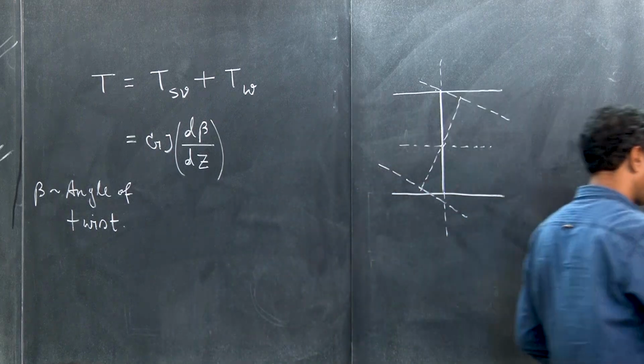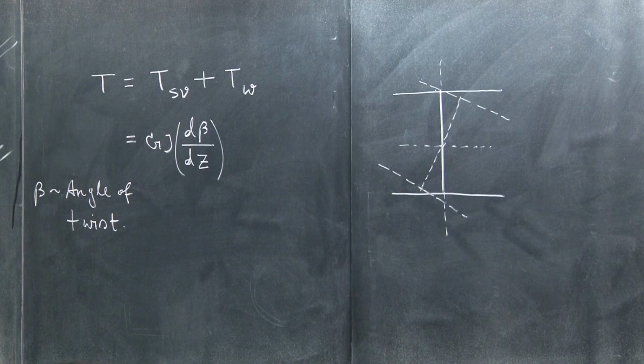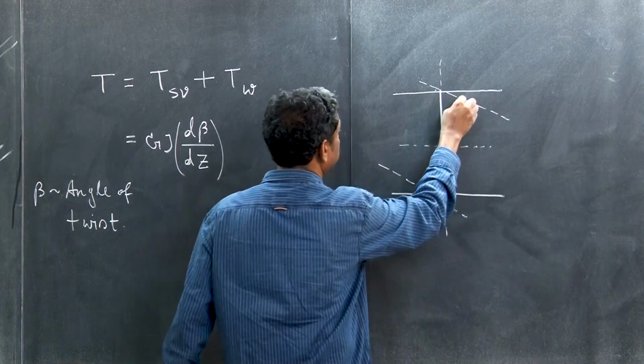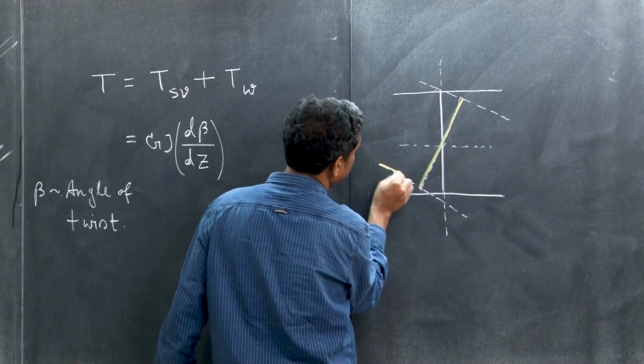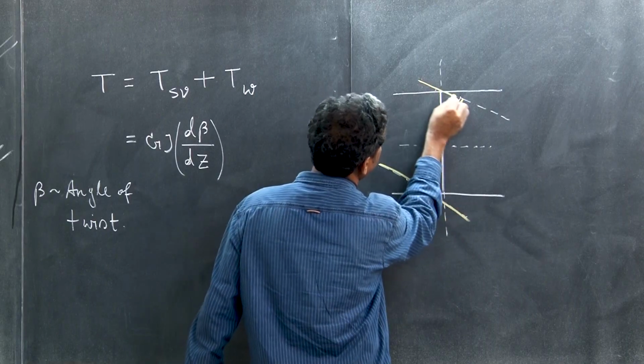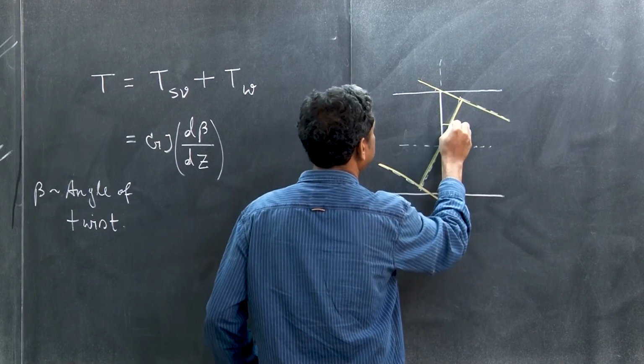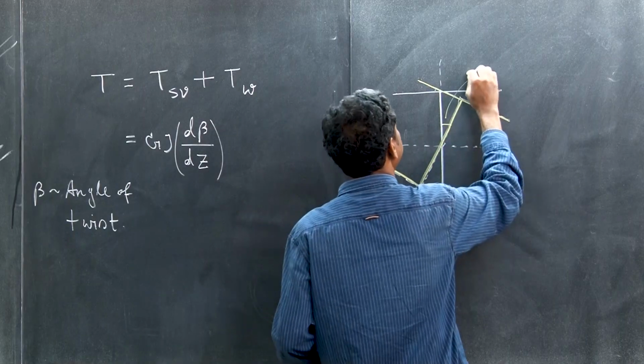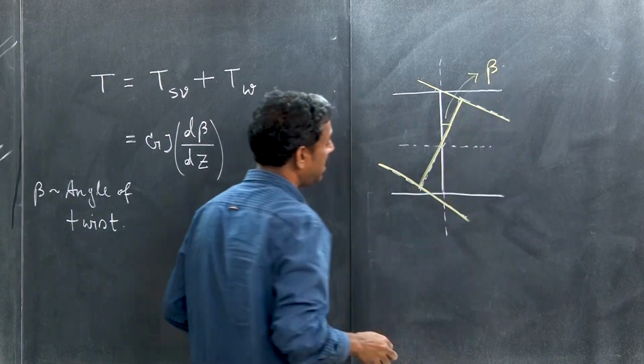After twisting, the section will look like this, and this angle is essentially beta. Clear?